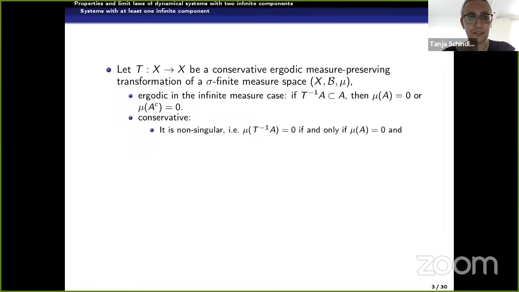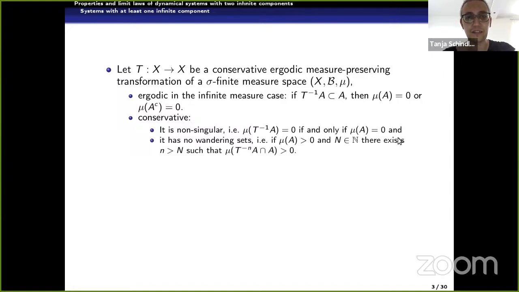And it's conservative if it's non-singular, meaning that the pre-image of some set is a null set if and only if the set itself is a null set, and it has no wandering sets, meaning that after some iterates at least some part of the set returns to its origin, so the intersection is non-zero.